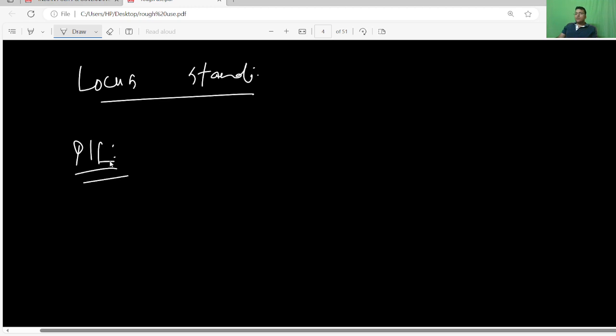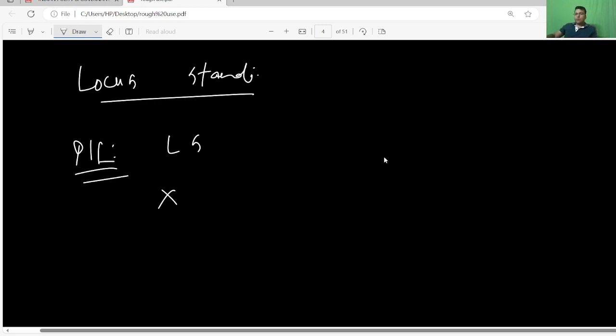So when you file a PIL, the court may ask you what is your locus standi, why you are representing this. Earlier in PIL there was the concept of locus standi, but now it is not. Now anyone can file a PIL for any group of people. The concept of locus standi is not there.